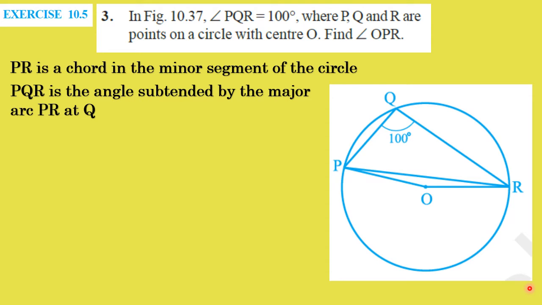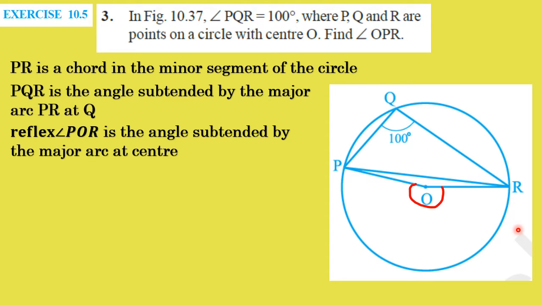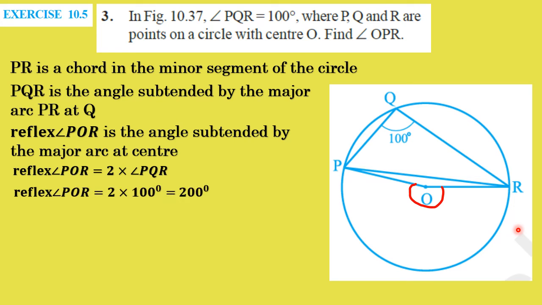And PQR is the angle subtended by the major arc PR at Q. That is 100. So what is the angle subtended by this major arc PR at the center? That will be double of this PQR. So double of 100, it is equal to 200.